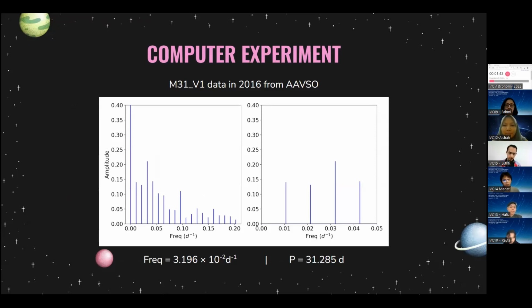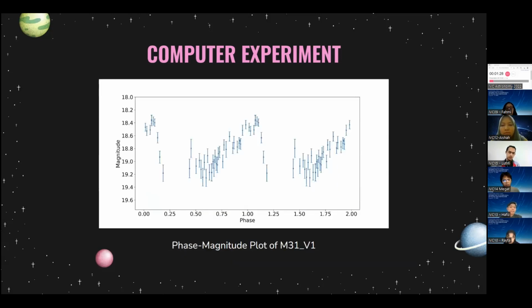So this is the result. Its frequency is about 3.196 × 10^-2, and its period is about 31.285 days. Next. And then we made the phase-magnitude plot. So this is the light curve of M31V1.